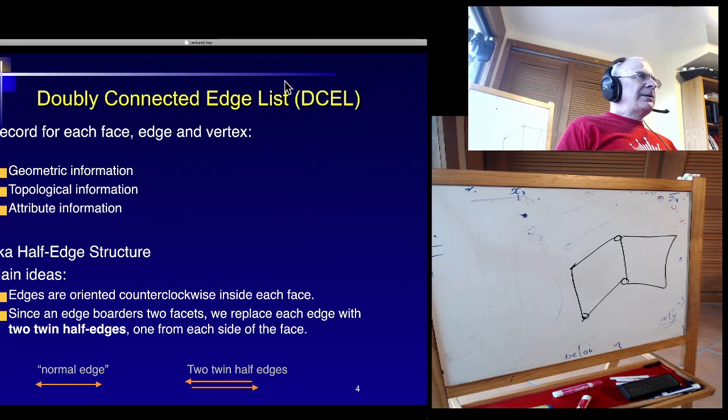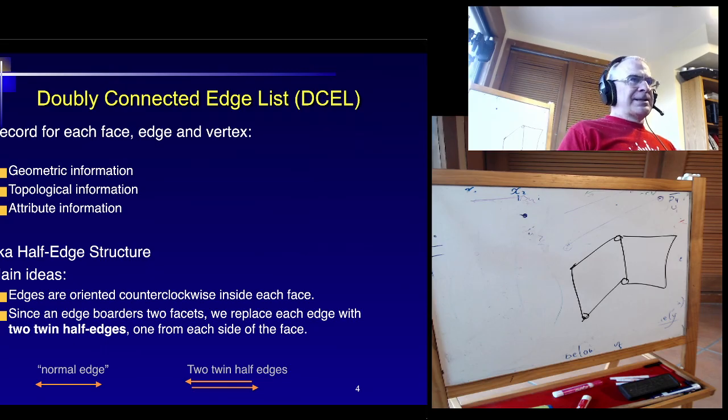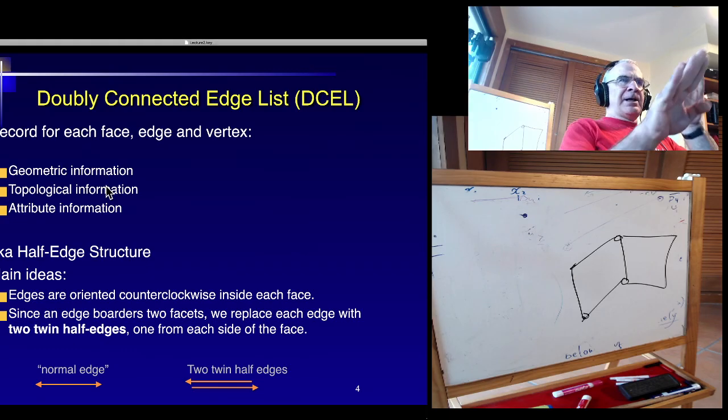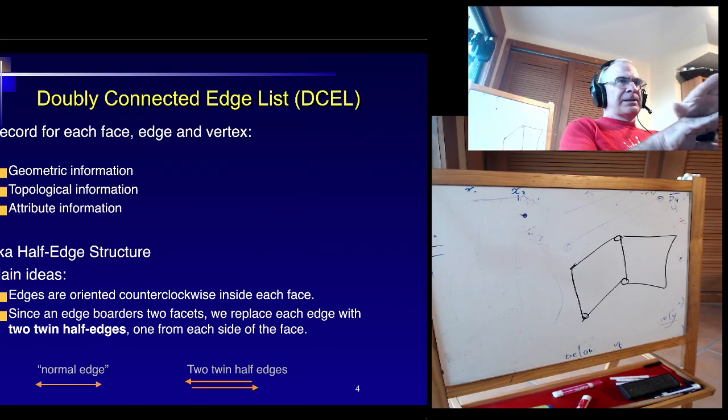So the doubly connected edge list, in short DCEL, stores both geometric information, what the vertices and what exactly the edges are. It stores topological information, like that Arizona and New Mexico share a boundary between them.